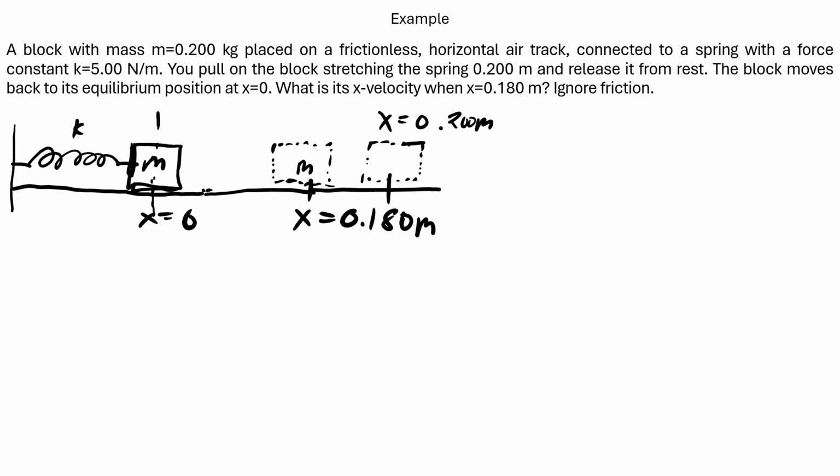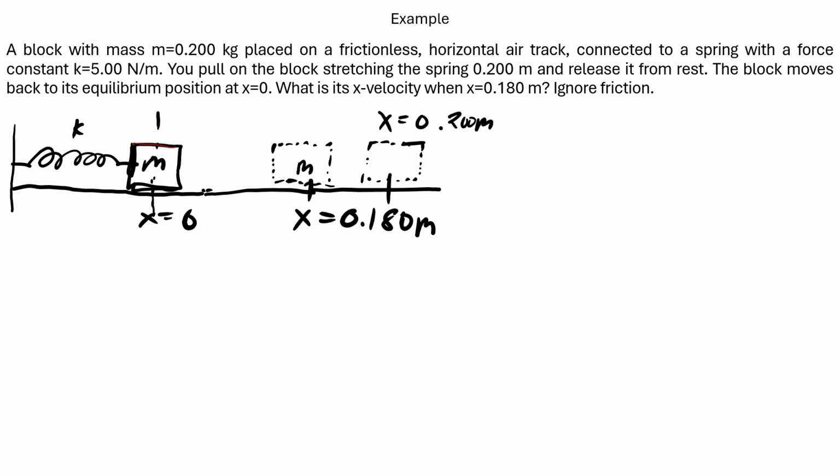Okay, so I actually have here an example pulled from the book University Physics by Young and Freedman. Let's say there is a block of mass m that is placed on a frictionless horizontal air track.